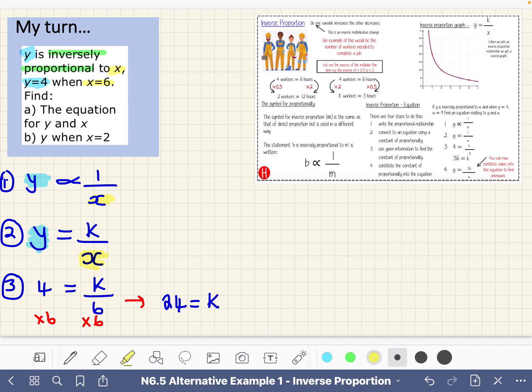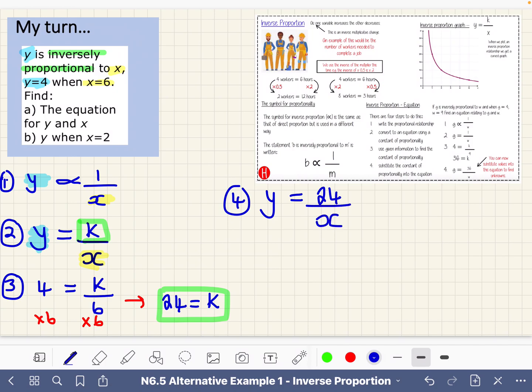We want to substitute this value of k back in to this value here. For our step 4, that means y remains as it is. It is now equal to 24 over x. This is the entirety of the equation for y and x has been solved here.